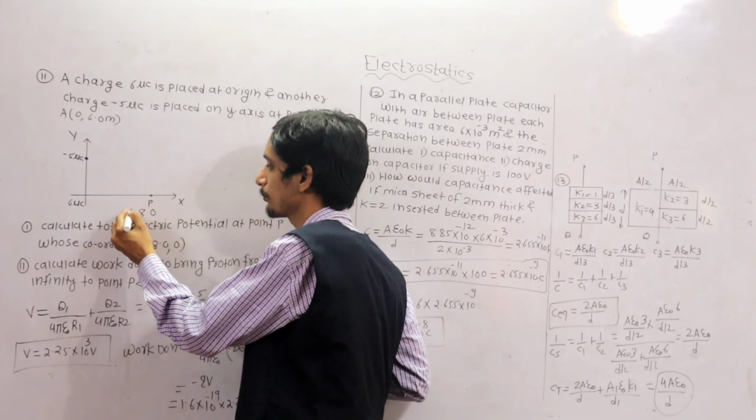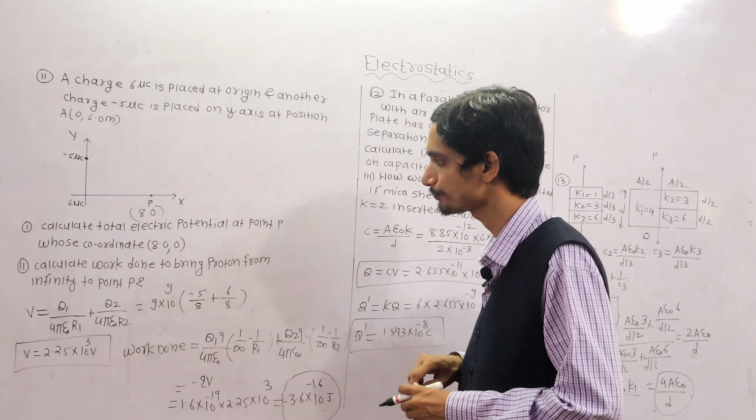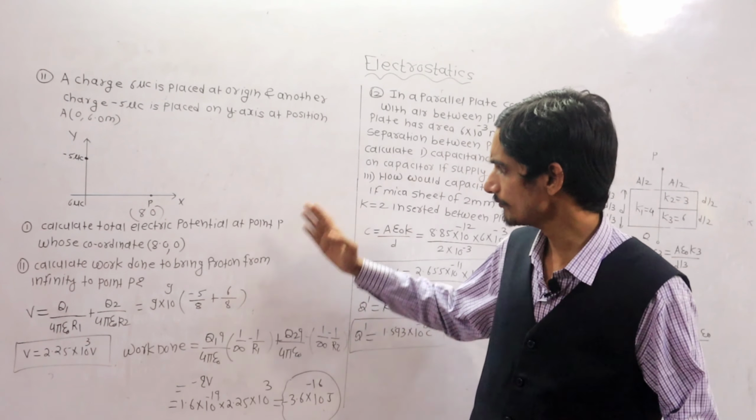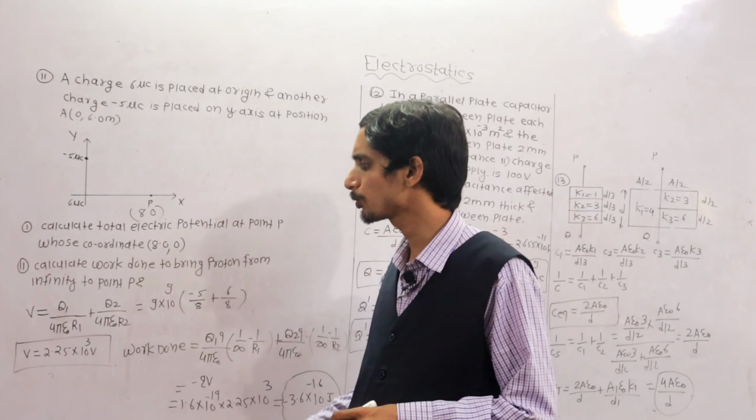Calculate the work done to bring a proton from infinity to point P. So this is minus 5 microcoulomb, 6 microcoulomb is at the origin, and this is point 8, 0. From infinity to point P we have to bring the proton.